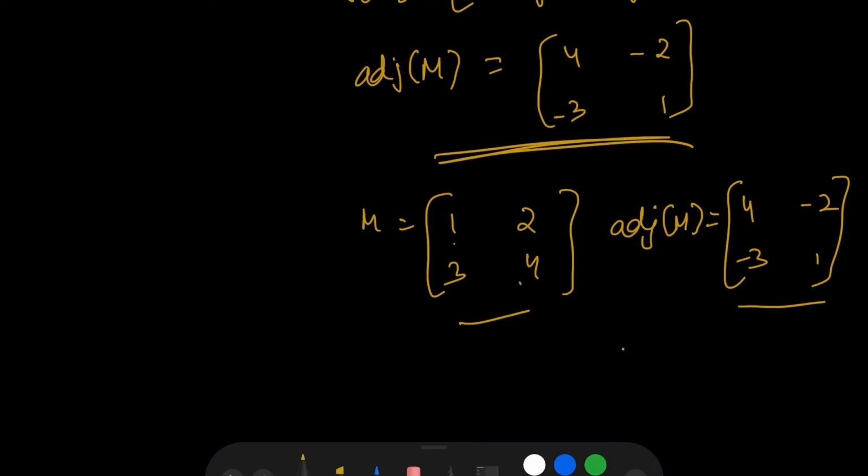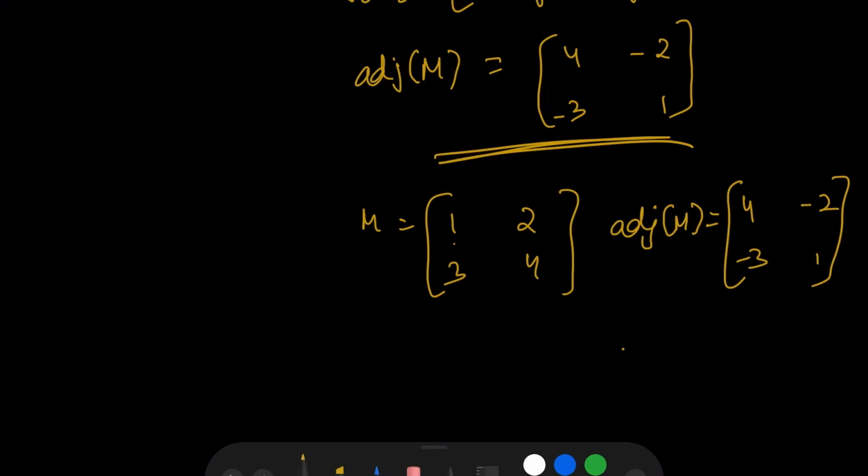The elements in the diagonal have swapped their places, and the elements that are not in the diagonal places just change their signs. Here it is a positive 2, and here it is a negative 2. Similarly, in the normal matrix it is a positive 3, and in the adjoint matrix it is a negative 3. So the diagonal elements swap their places, and the rest of the elements get a negative sign. This is how you find the adjoint for a 2 cross 2 matrix.